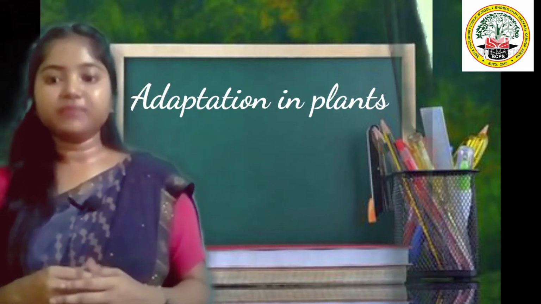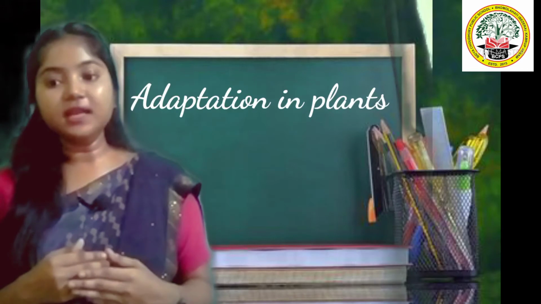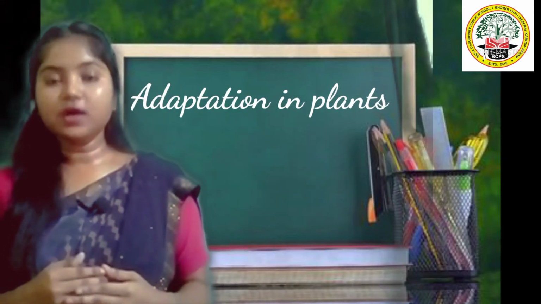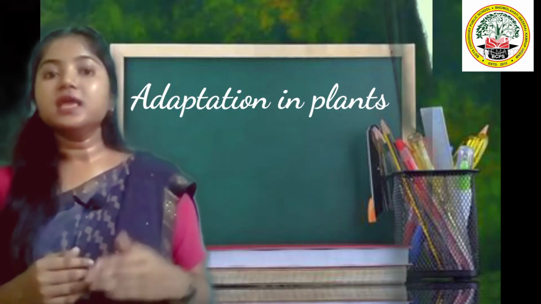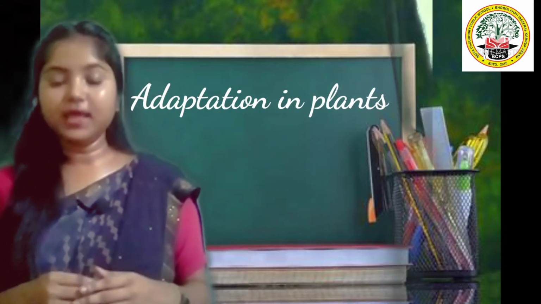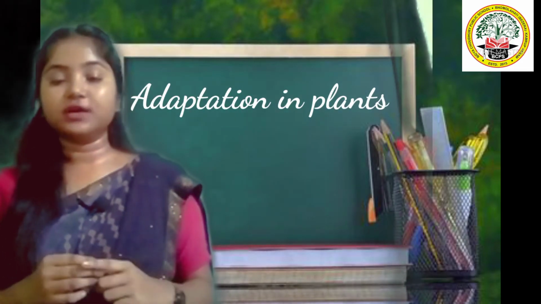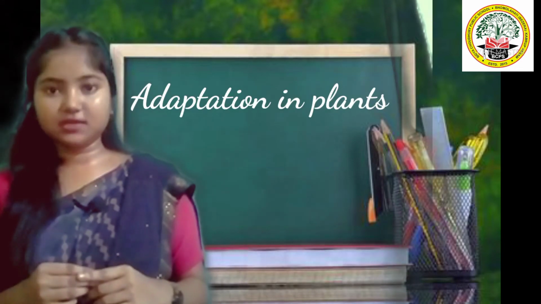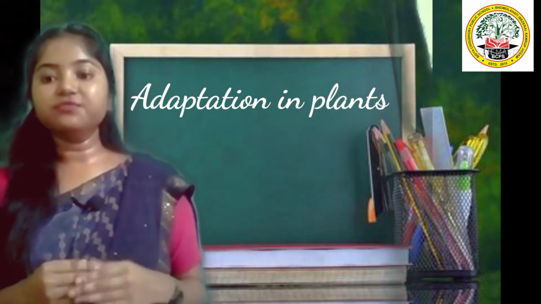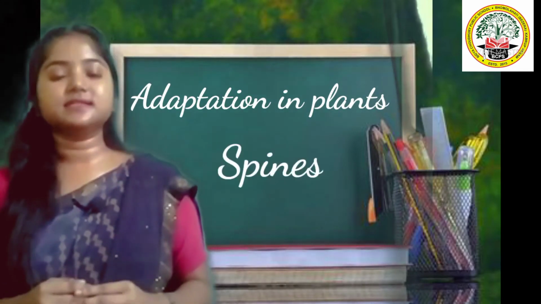Now see, desert plants lose very little water through transpiration. We know that in the desert, cactus and camels etc. are found. The desert plants have very few leaves, and these are present in the form of spines.